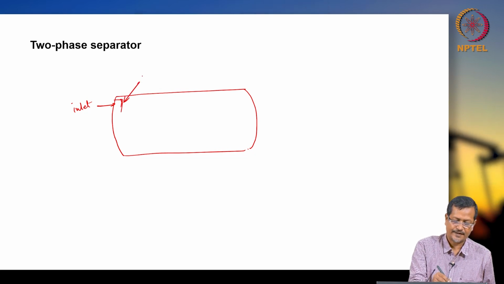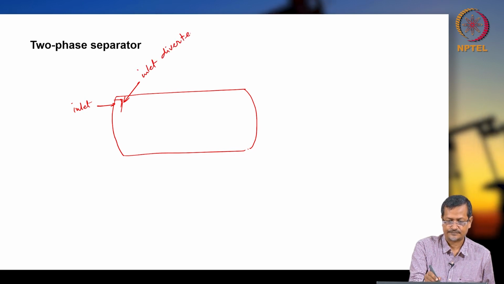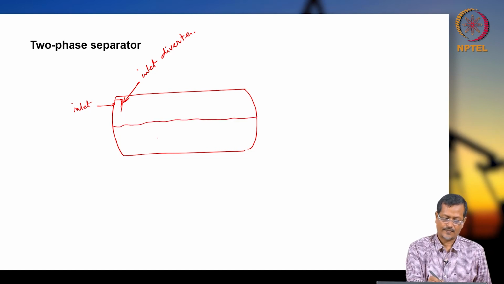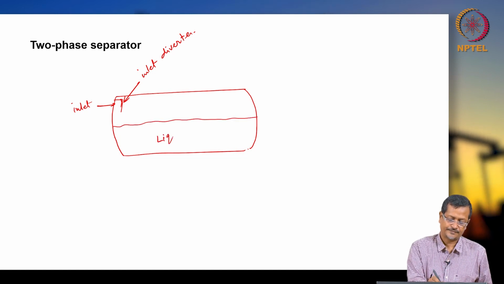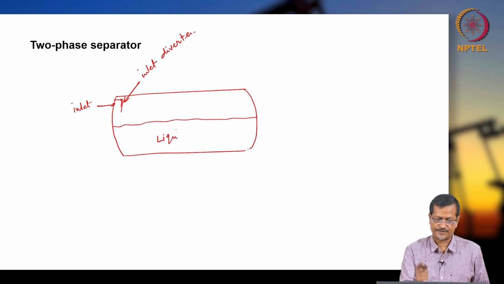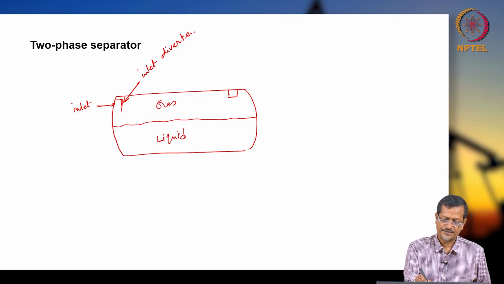It's called inlet diverter. And it will create 2 layers. This is liquid, because when we say 2 phase, that means gas phase and liquid phase, and there will be a mist extractor or mist eliminator.